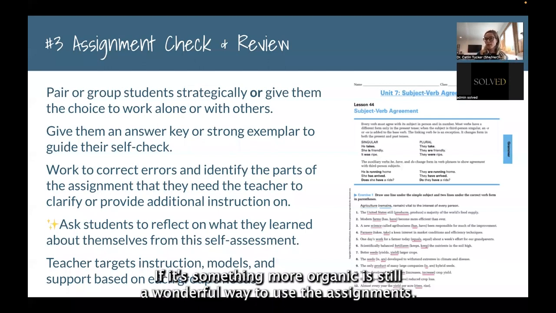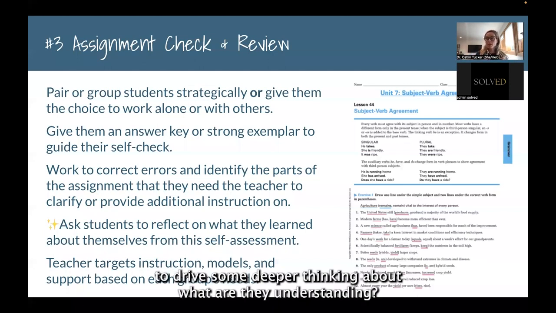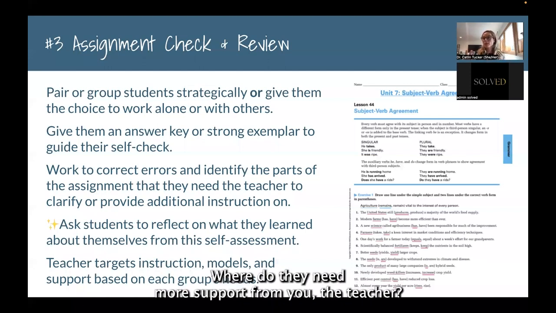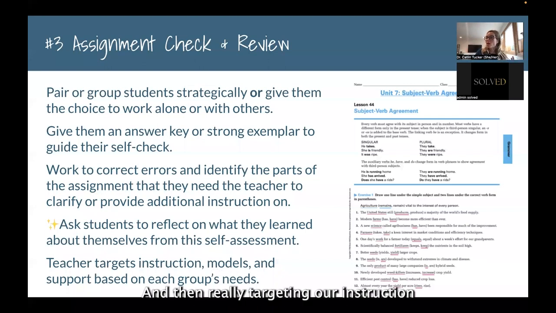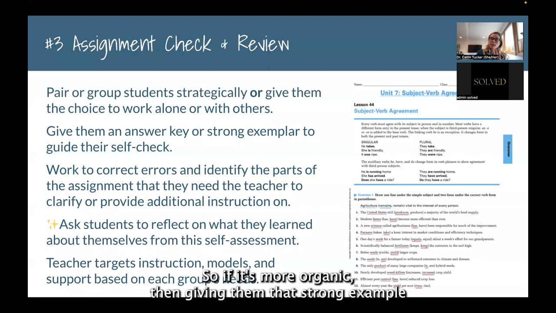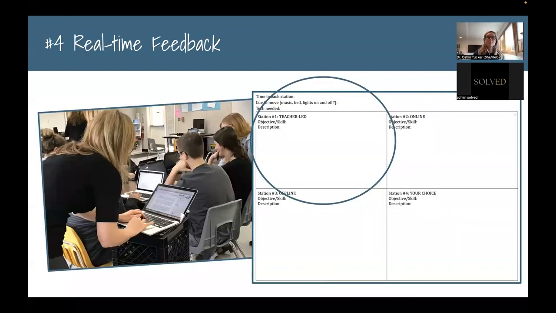If it's something more organic, it's still a wonderful way to use the assignments you're providing students to drive some deeper thinking about what they are understanding, what they are frustrated by, where they need more support from you, the teacher, and then really targeting our instruction, reteach, models, supports, and scaffolds to the specific parts of the assignment they're struggling with. If it's more organic, then giving them a strong example and a simple rubric can be a wonderful way to encourage that self-check.